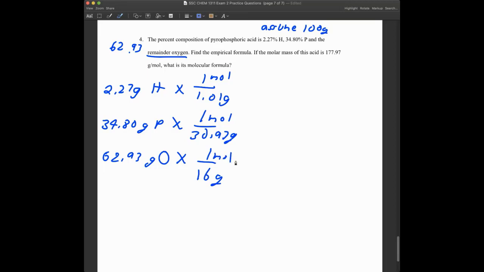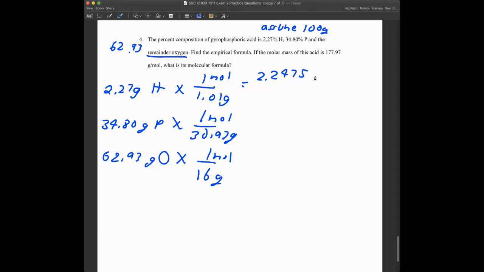And when we do some division, let me go ahead and plug that number into my calculator. We get, so my biggest tip here, like I mentioned, is to write out every number you get on your calculator.